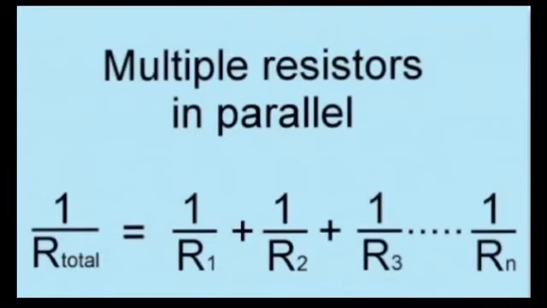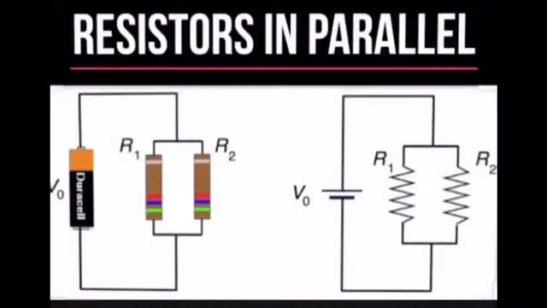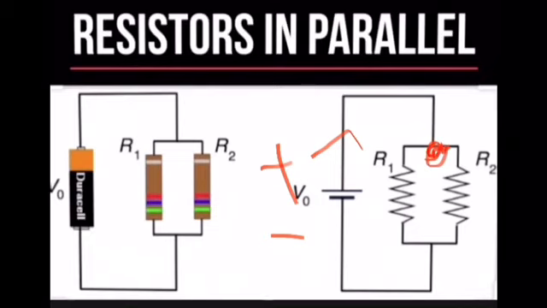In the parallel arrangement, at this particular point, the current which comes from the positive point to the negative point will split up, and the current will move to R1 and to R2.